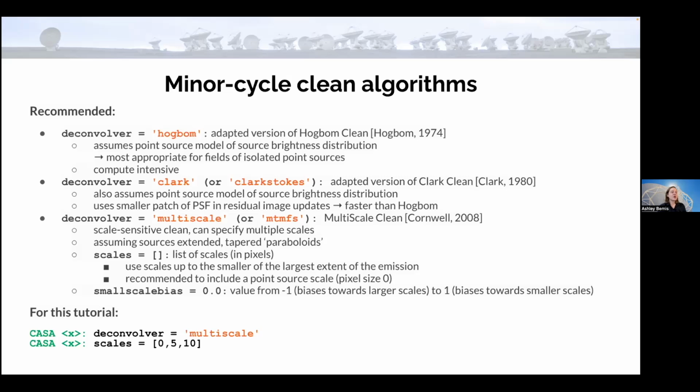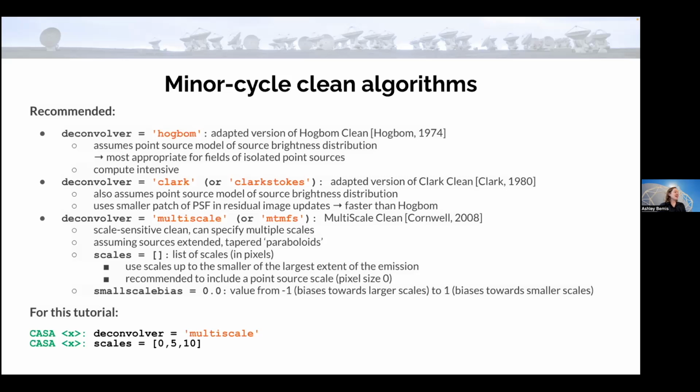In many cases, though, your source is likely not a point source, and so it's actually better to use multi-scale clean. And multi-scale clean is designed to be scale sensitive, and you can actually specify multiple scales. And so in this case, the actual model that is assumed is an extended tapered paraboloid, sorry.